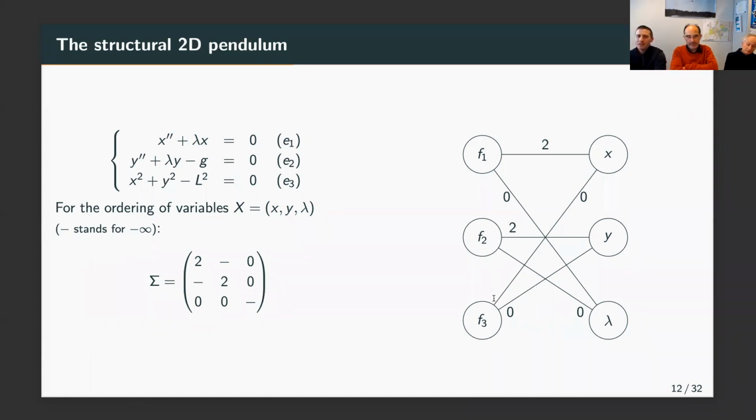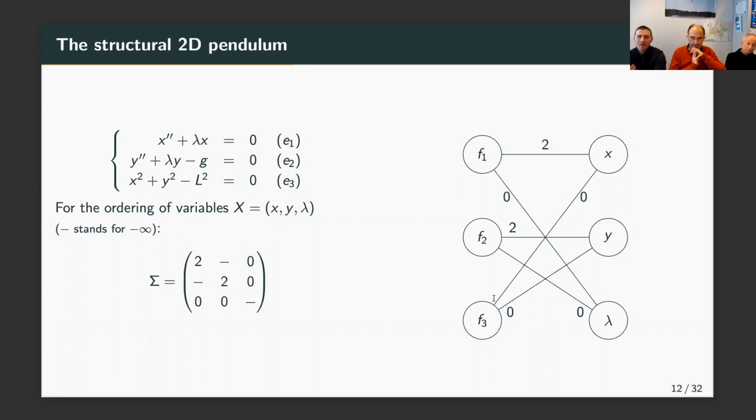And this is the basis of all the structural analysis algorithms that exist and that have been developed since the 1980s. So we are kind of lifting the curtain here and watching how the Modelica tools in particular will handle the problem of turning a mix of differential and algebraic equations into a system that will be amenable to numerical solving.